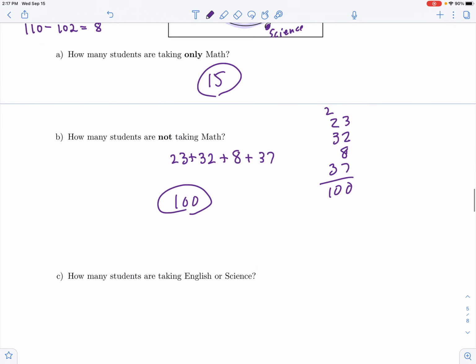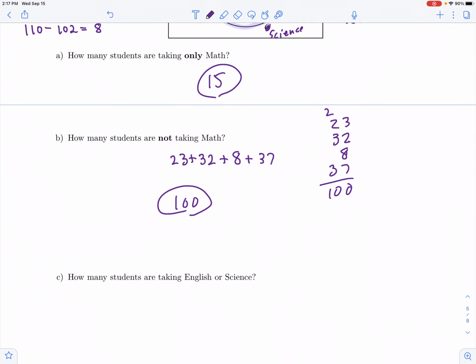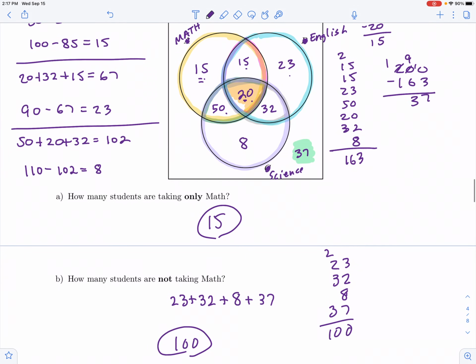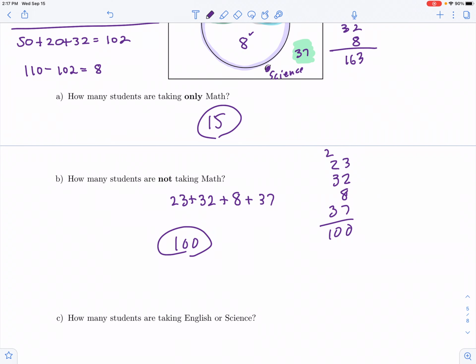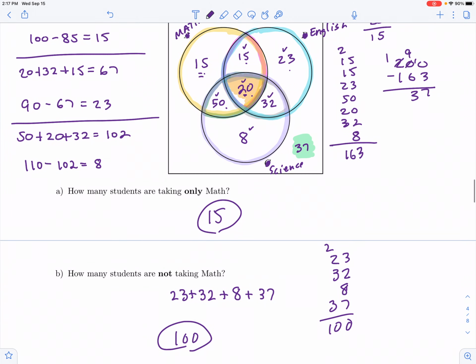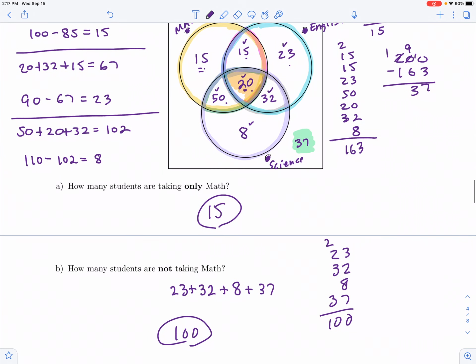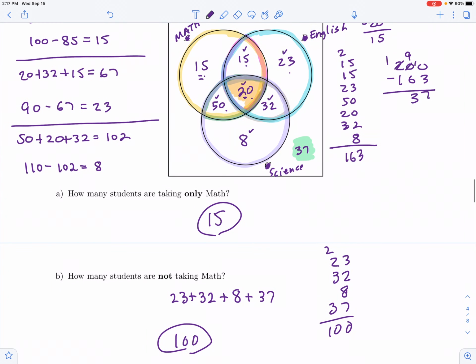So how many students are taking English or science? So in this case, what we're looking for is any numbers that are in that teal colored circle and that violet colored circle. So we're looking for that 15, that 23, the 50, the 20, the 32, and the 8. Since this is an OR problem, this is the same thing as union. So we want to include anything that occurs in the English circle plus anything that occurs in the science circle.